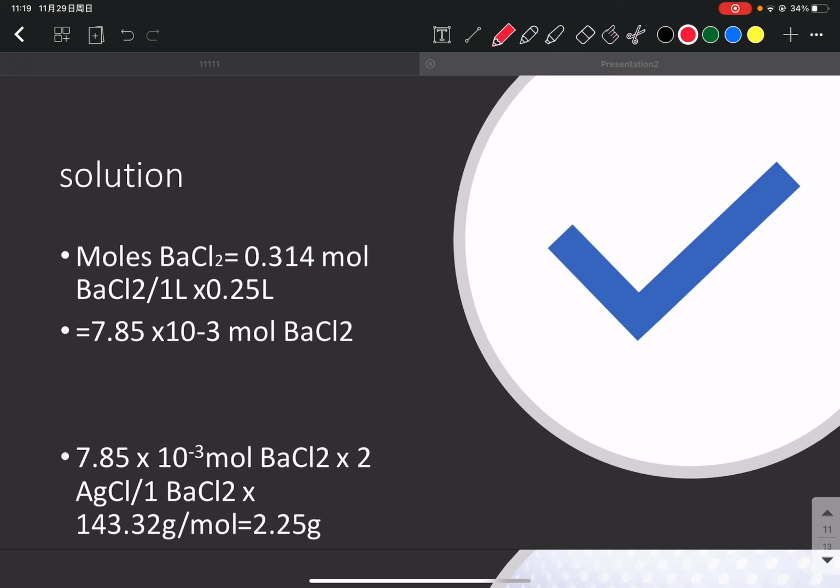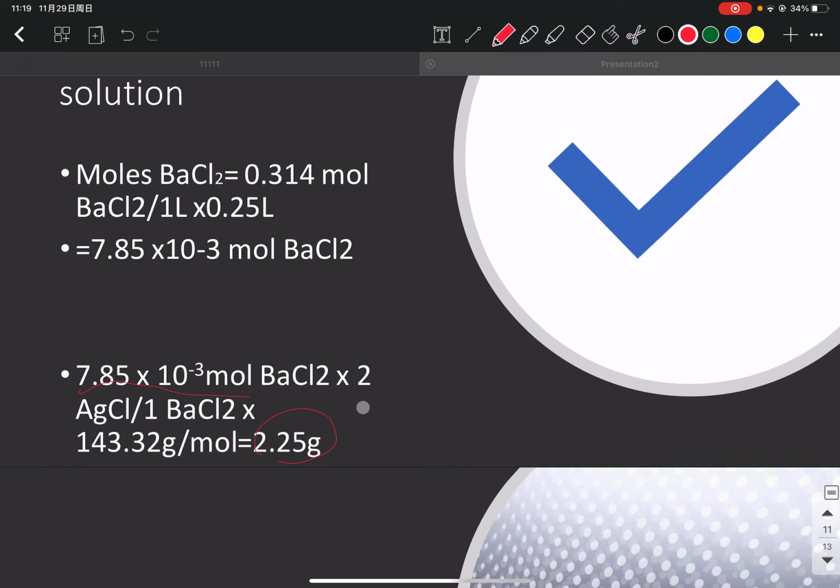We find the moles of BaCl2 first, which is 0.314 times the 25 mL, which is 7.85 times 10 to the negative 3. And then we use this to multiply by the ratio of AgCl and BaCl2. Then we get the mass.